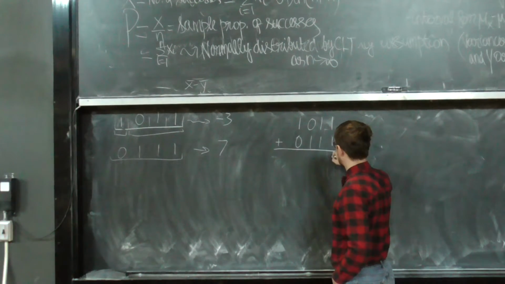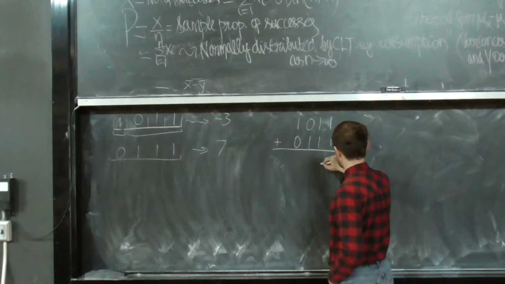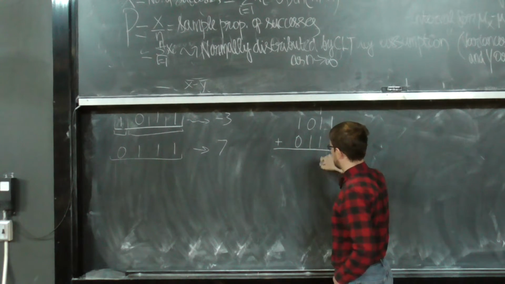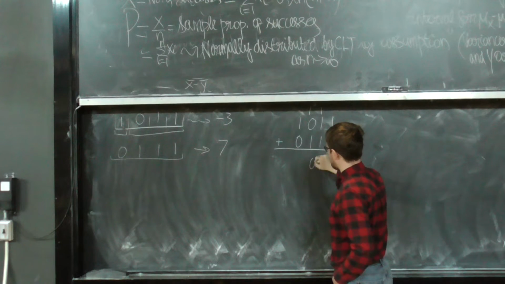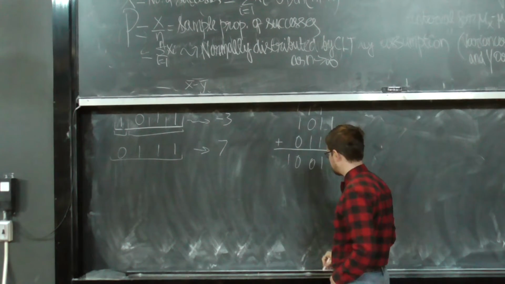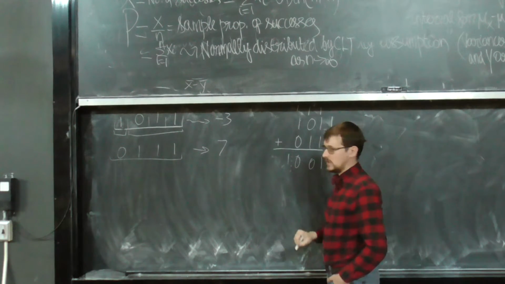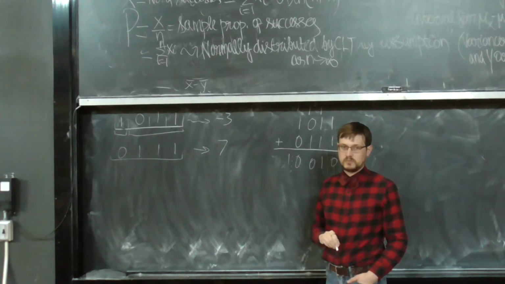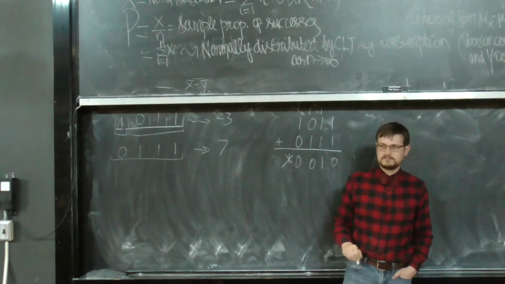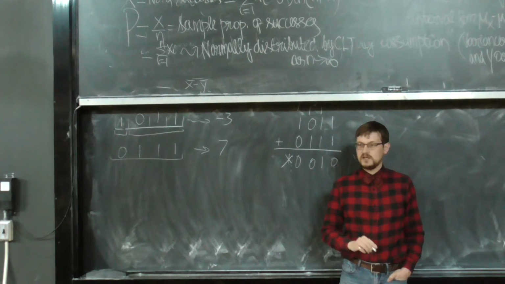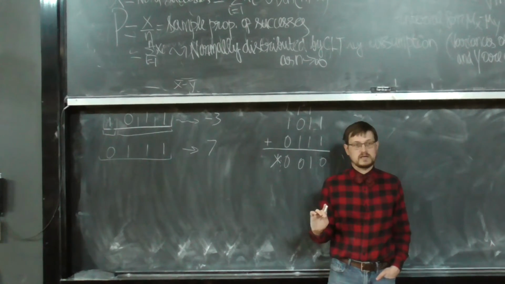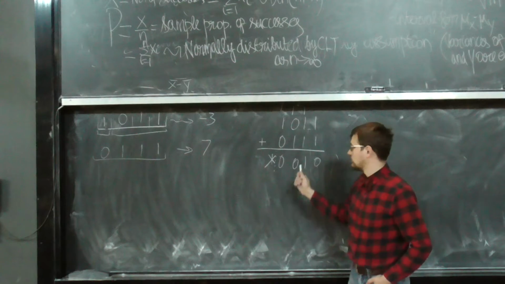1 plus 1 is 0, carry the 1. 1 plus 1 plus 1 is 1, carry the 1. 0, 1, 1, 0, 1. Of course, this falls outside of the bounds of the integer that we're currently working with, so we destroy it. Later on, we can use it for other things, but for now, we'll just throw it off.